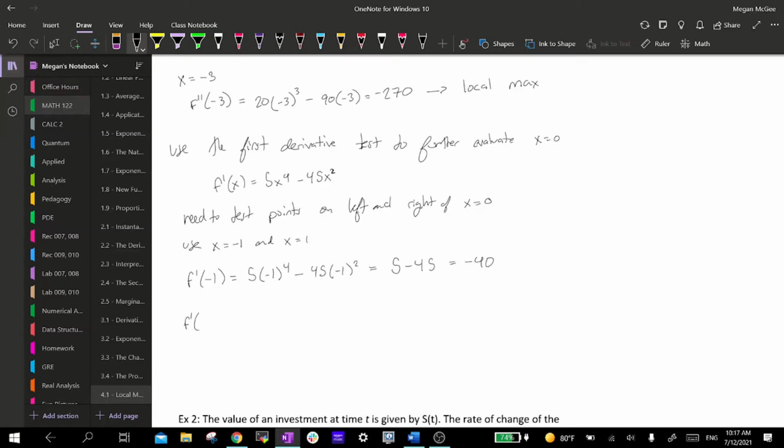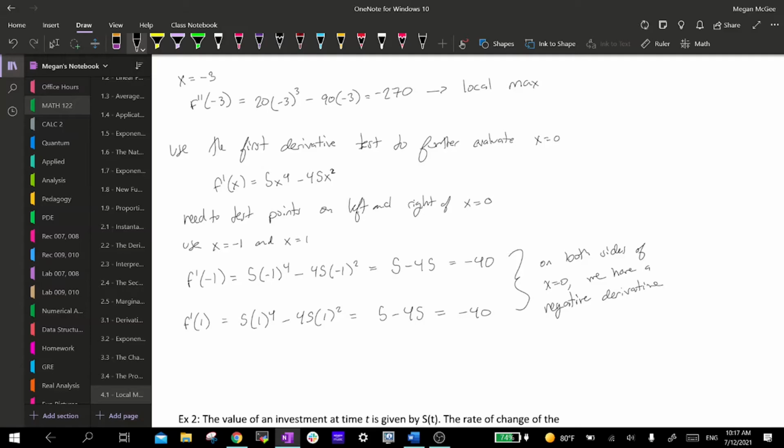And let's go ahead and look at the right-hand side. So this is 5 times 1 to the fourth minus 45 times 1 squared. And we are just going to end up with 5 minus 45 again, which is negative 40. So on both sides of x is equal to 0, we have a negative derivative.